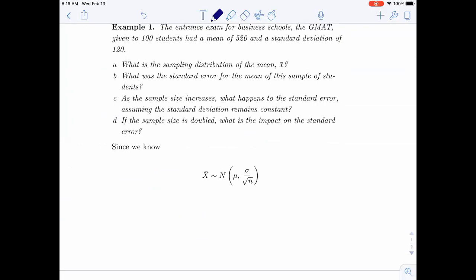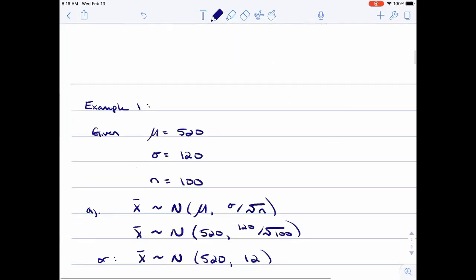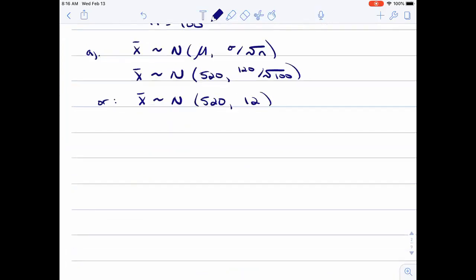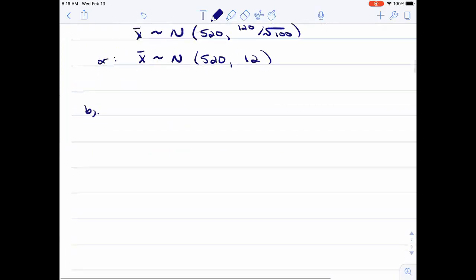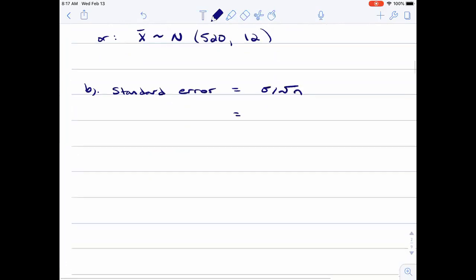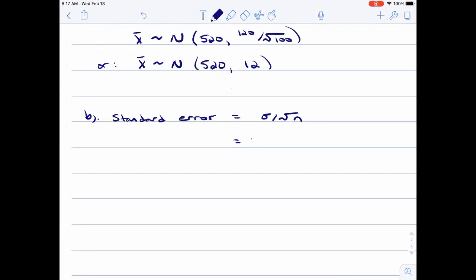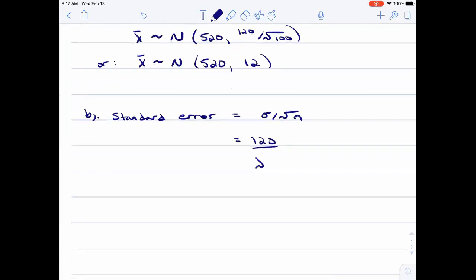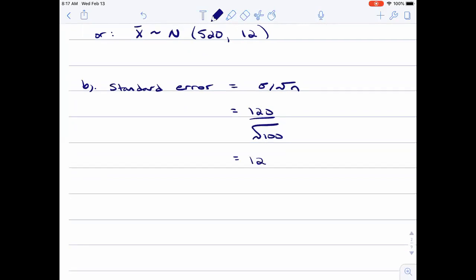Part B, what's the standard error for the mean of the sample of students? Just kind of reiterating, that the standard error is sigma over root n, which is just showing our 120 over the square root of 100, which we just calculated to be 12.